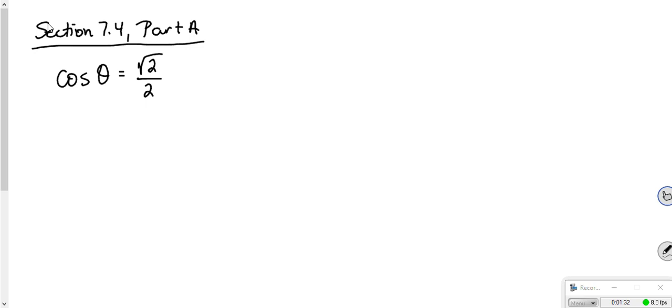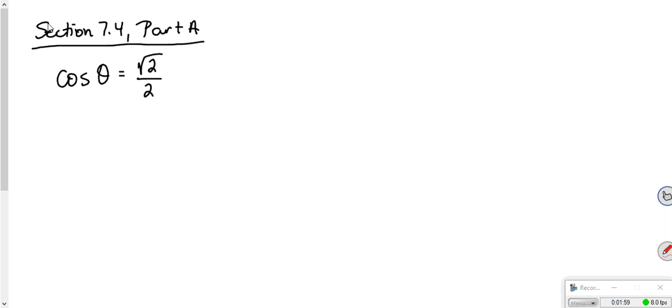But now we are solving for the theta. But again, we have to allow for every possibility of theta. So a couple of things jump out at me here with cosine. First of all, we are trying to find the value of theta. That's our degree or radian measure, okay? That yields a root 2 over 2.